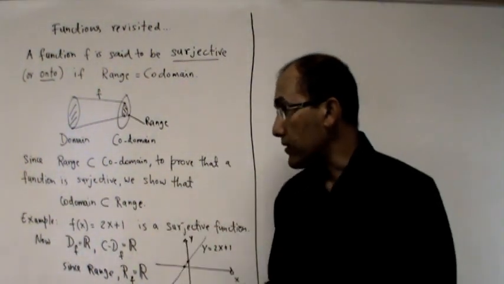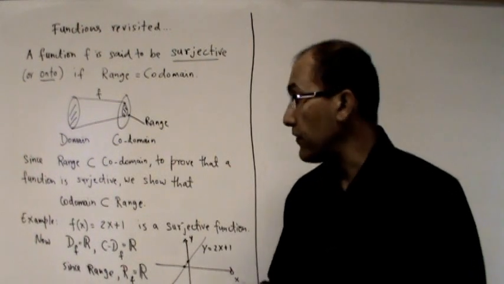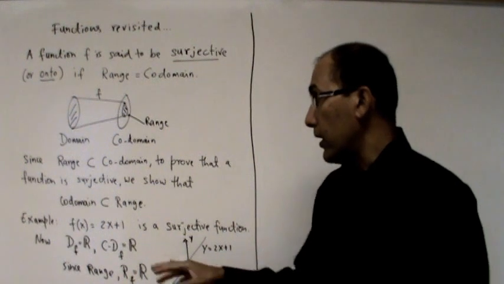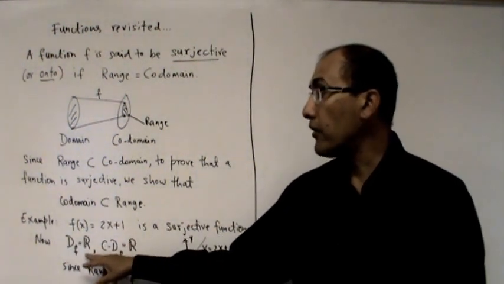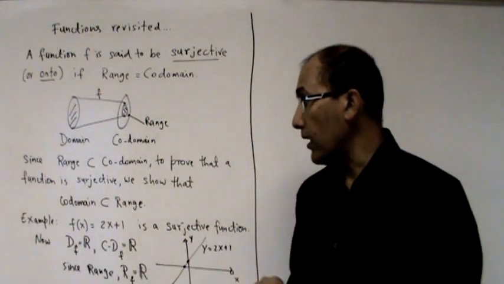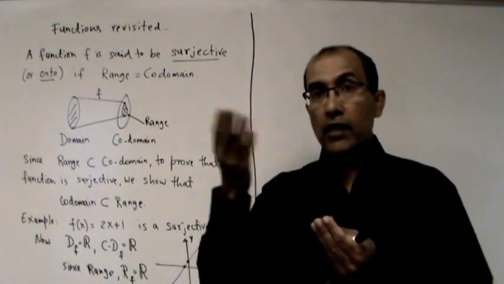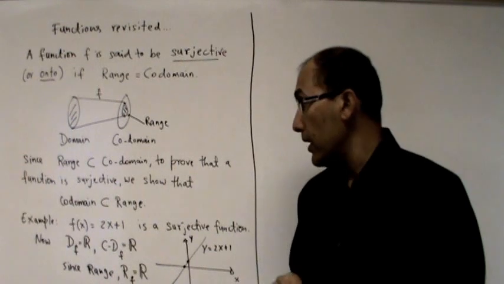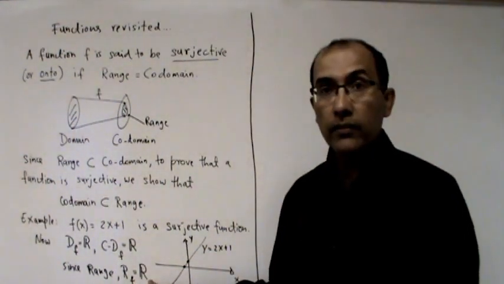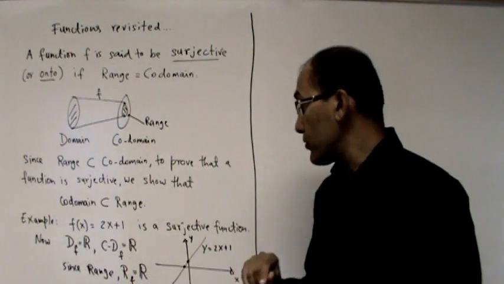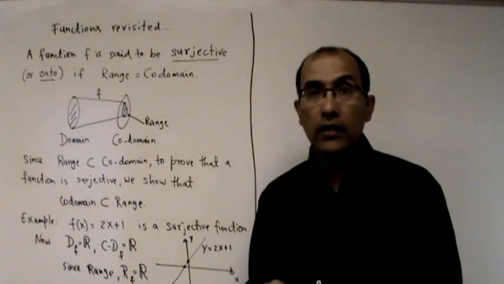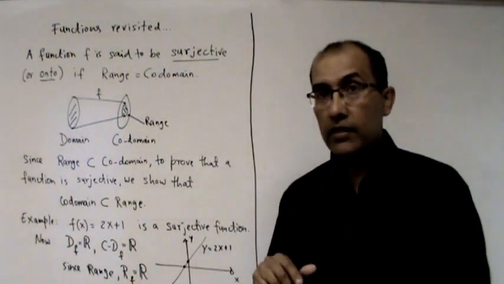If you have an example, here is a linear function f(x) equals 2x plus 1, and this is surjective because the domain of this function is R and the codomain is always R. So we have domain R, codomain R, because we have a function from real numbers into real numbers, and for this particular function the range is also R. Since the range is also R, the codomain and range are equal, so we have a surjective function.